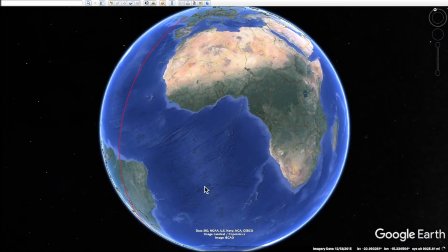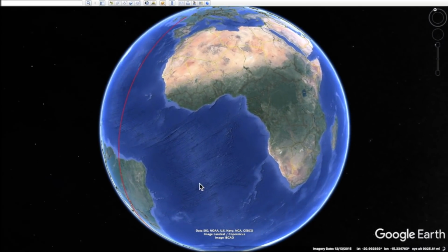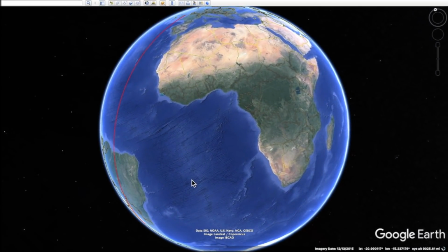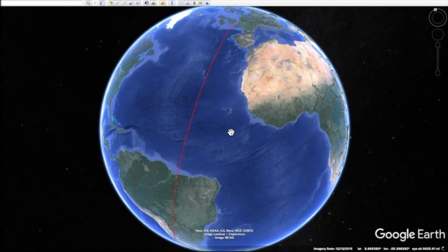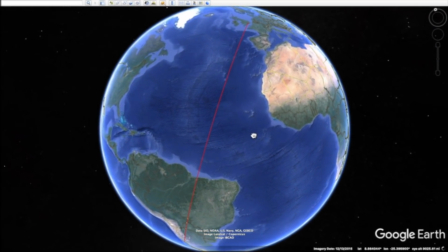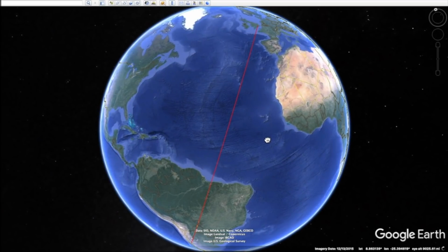That line, the red line, is very clearly curved. That is the great circle distance between Santiago, Chile, and London in the United Kingdom. Now let's go ahead and rotate the Earth so that line is directly underneath us. That looks pretty straight to me. So here you go, flat earthers.